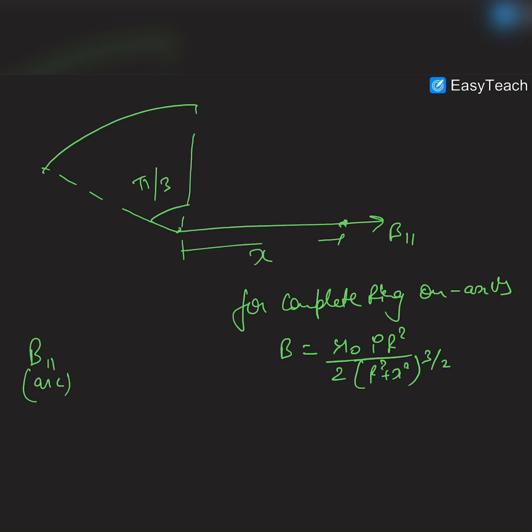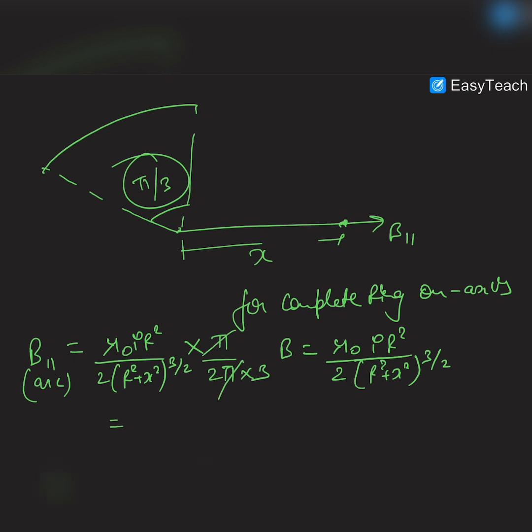B parallel due to the arc will be mu naught I R square by 2 (R square plus x square) to the power 3 by 2, and this is for the complete ring, so we should divide it by 2 pi, because the angle formed by the complete ring at the center is 2 pi, and the arc is making an angle of pi by 3, so we multiply by pi by 3.